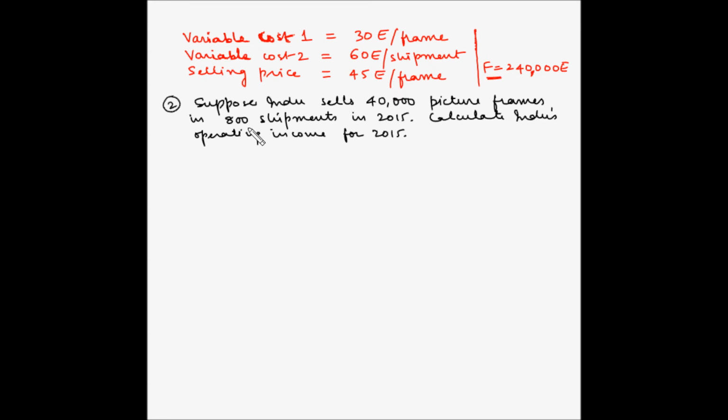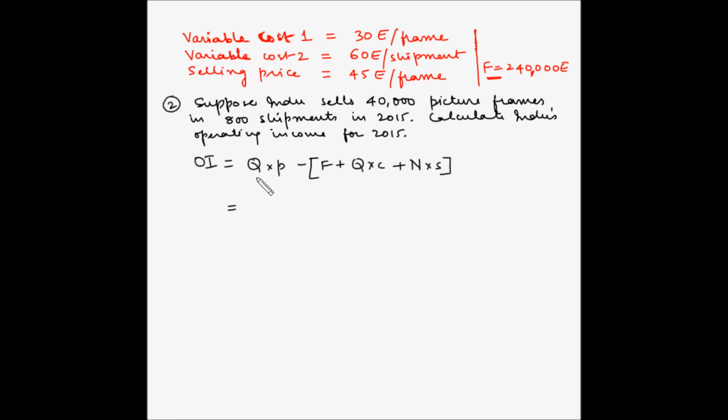So here, as compared to the first part, the number of shipments has reduced to 800, while the number of picture frames is still the same, that is 40,000. So we'll use the same formula that we had used in the previous step. Operating income is equal to Q multiplied by small p minus F plus Q multiplied by small c plus N multiplied by small s.